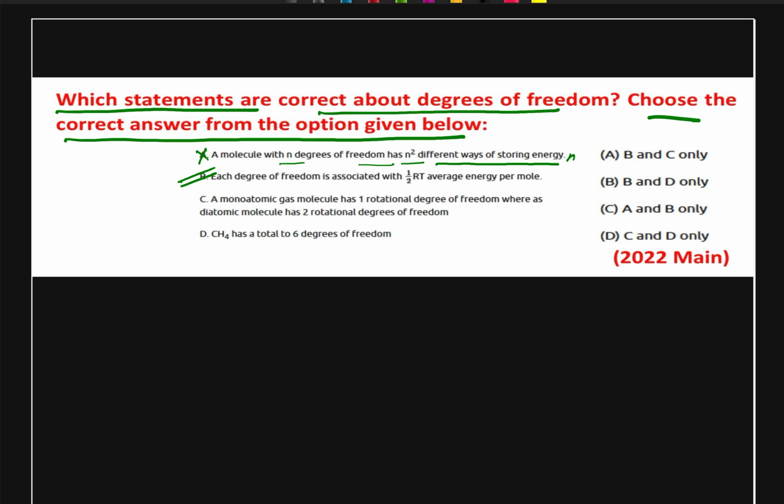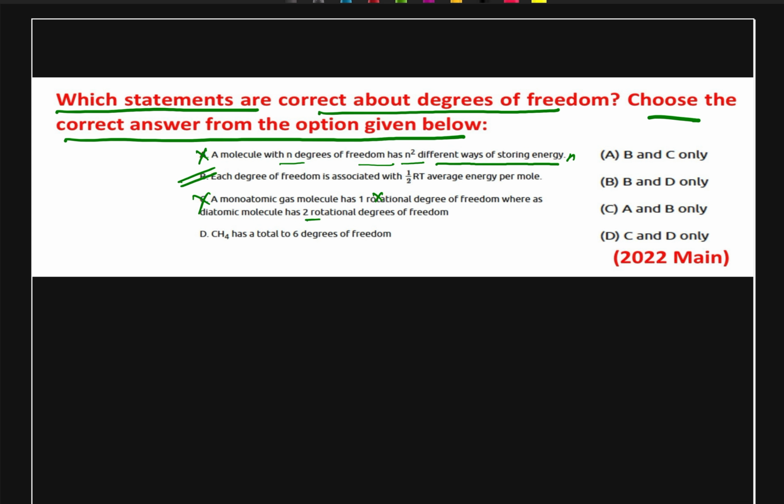So there will be no rotational degree of freedom, so obviously this option is incorrect. In the case of diatomic also, the 2 rotational degrees part is correct, but the first part is incorrect.